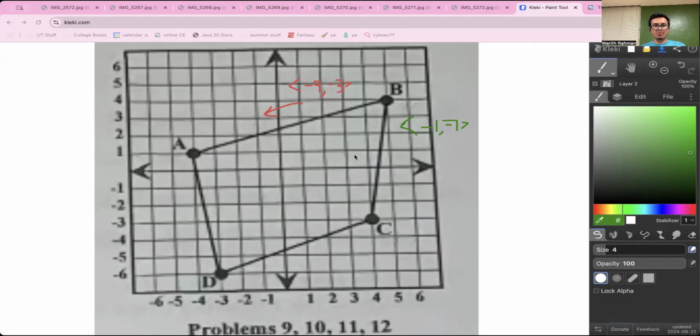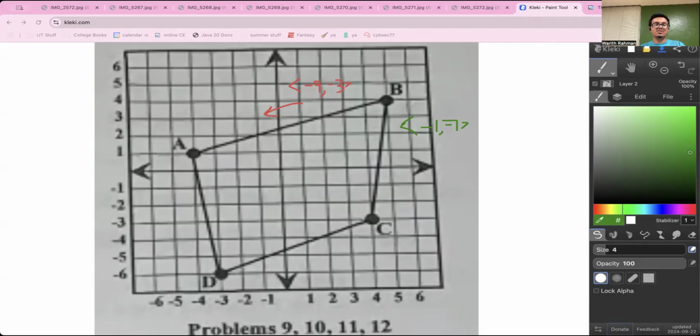So to take the dot product, for each of the dimensions, we multiply the values. So we multiply the x's, we multiply the y's. If there's z's, we multiply the z's, and so forth. So in this case, our dot product is negative 9 times negative 1 plus negative 3 times negative 7. So this is 9 plus 21, right?